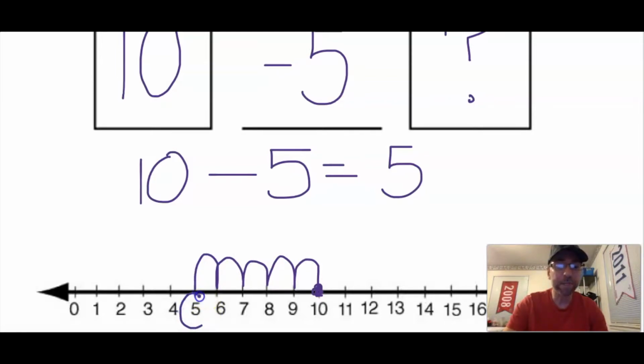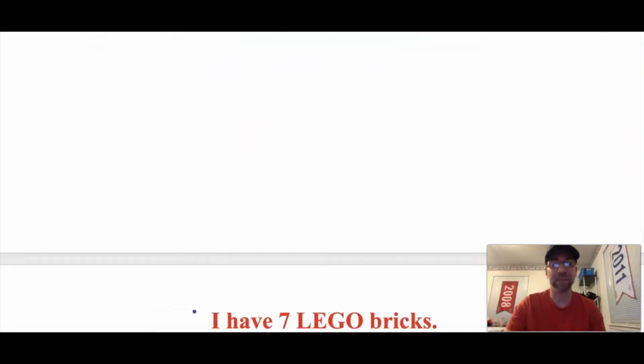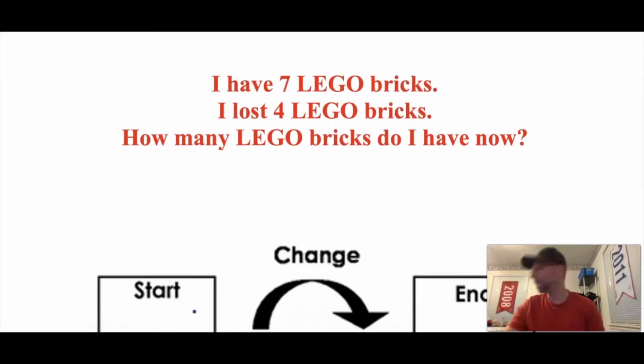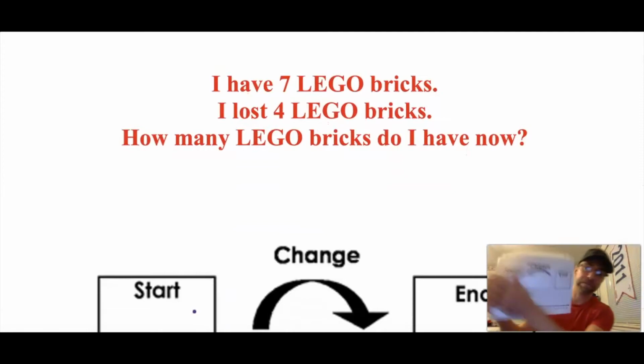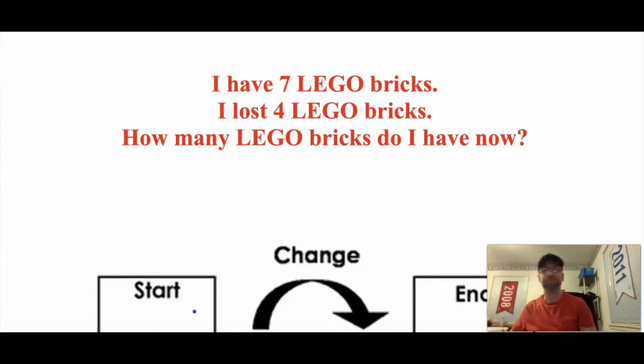And what number did I land on? I landed on the 5. I ended at 5. Start, change, end. Awesome job. Let's try another one. Go ahead and clear off your sheet protector.